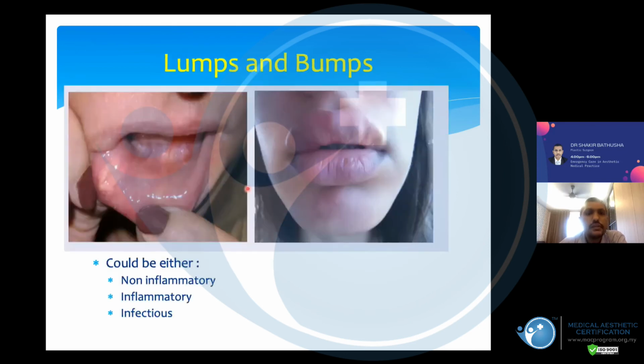So these are examples, the lip fillers, very lumpy appearance, not smoothed out. If it's a delayed presentation, it could be inflammatory, but if it's immediate, it's usually non-inflammatory. If it's delayed, it's inflammatory, or sometimes in late cases it could be infectious in origin. So treat them accordingly.